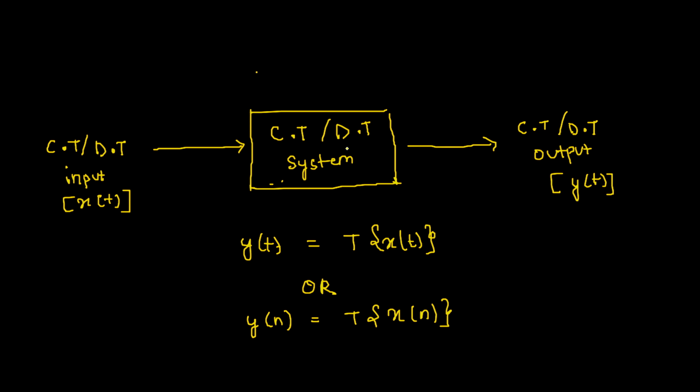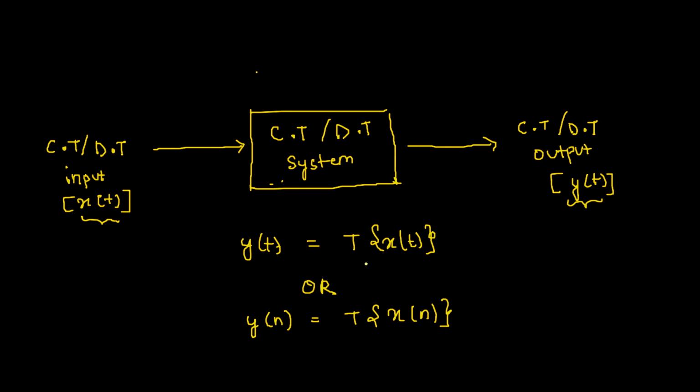Systems are different based on whether the signal is continuous time or discrete time. So let's say we have a continuous time system that only takes in a continuous time input and only gives a continuous time output. And similarly, if you have a discrete time input, it's entered into a discrete time system and we get a discrete time output. The input is usually denoted by x of t, which is a function, and the system performs a particular operation on this and gives us a completely different function, which is y of t.